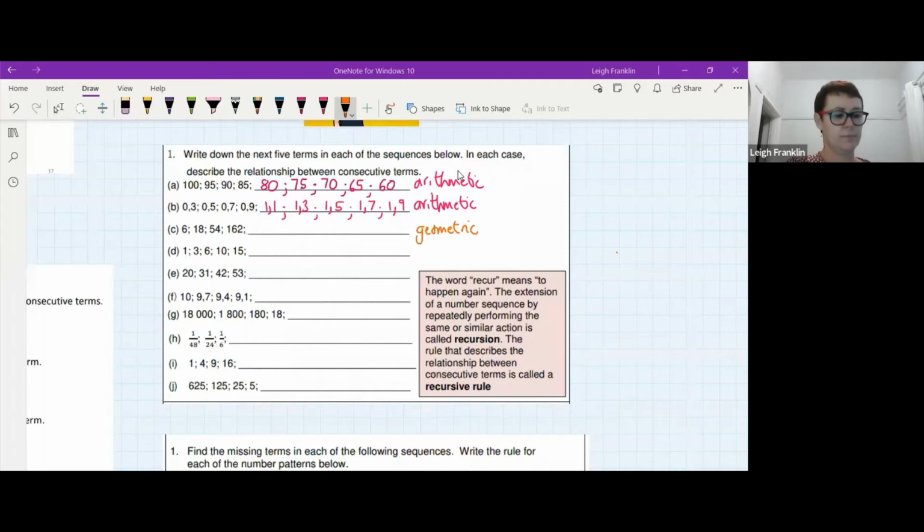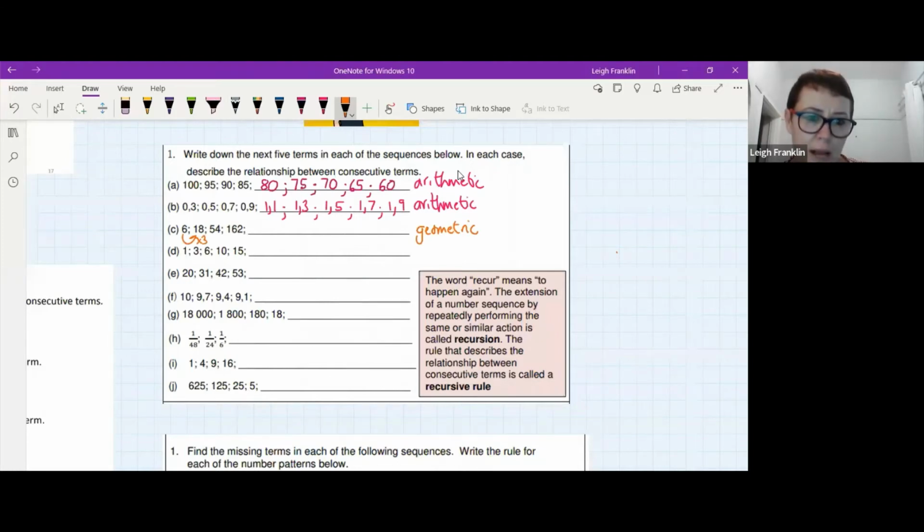Times 3. What are you going to multiply? Go for it. Remember, as we go from one term to the next, we are timesing by 3.